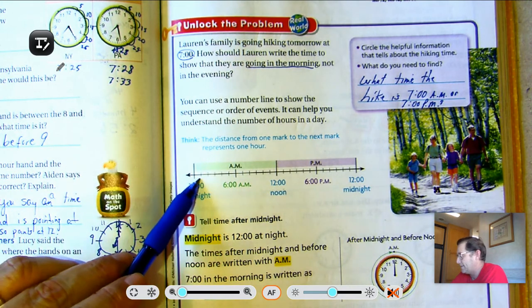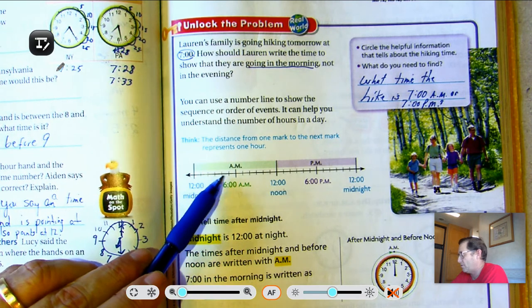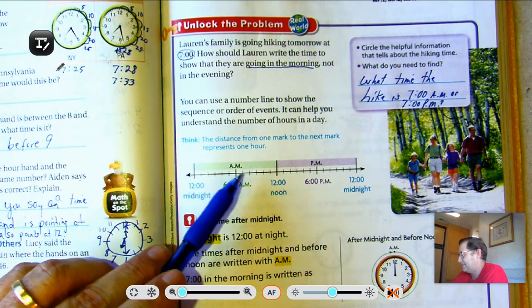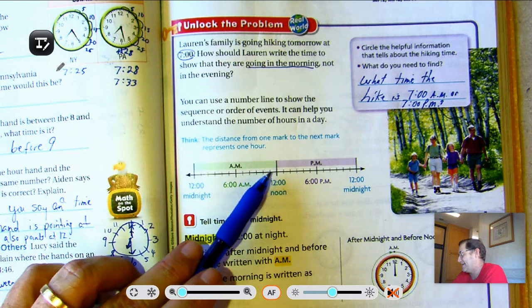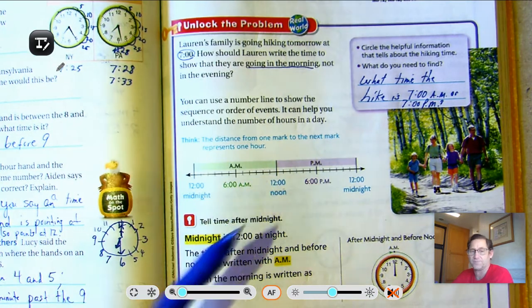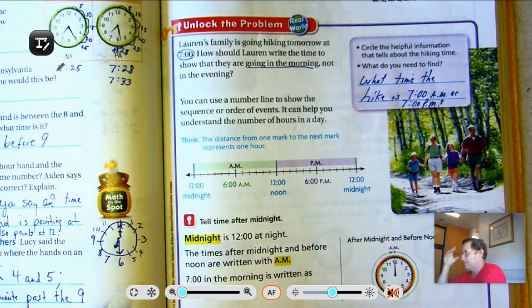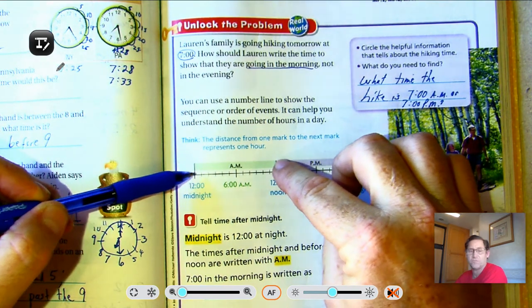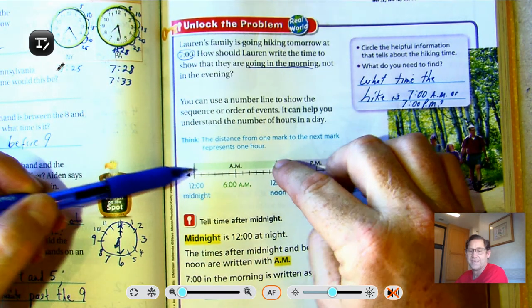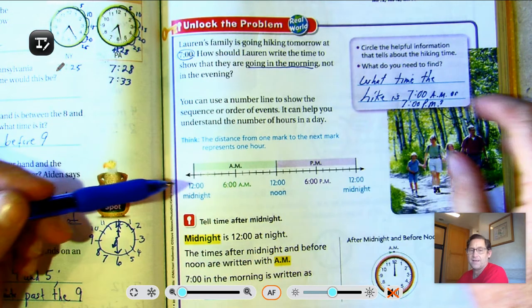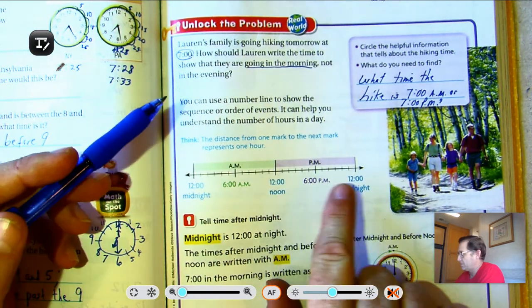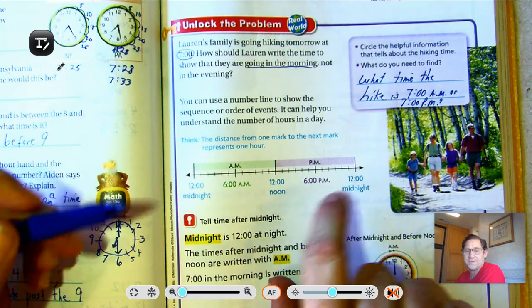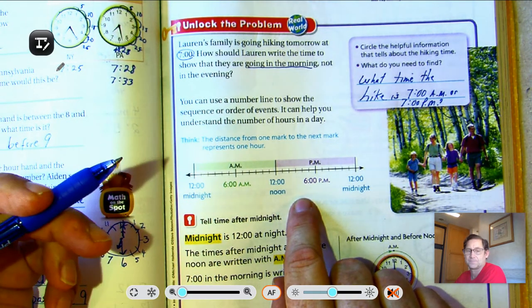So 1, 2, 3, 4, 5, 6, 7, 8, 9, 10, 11, and then it goes to 12 noon. Okay, so everything from 1 a.m. to 12 noon, we say is AM. From 12 noon to 12 midnight, we say is PM.